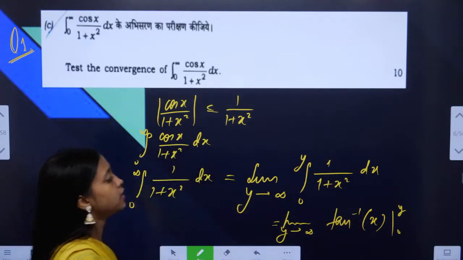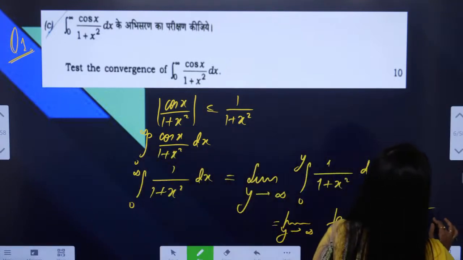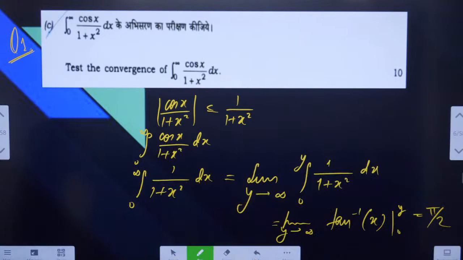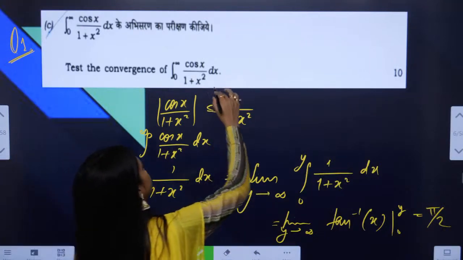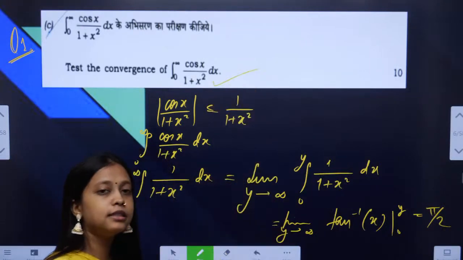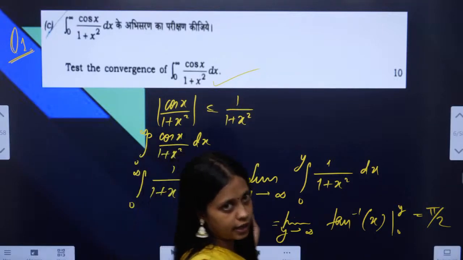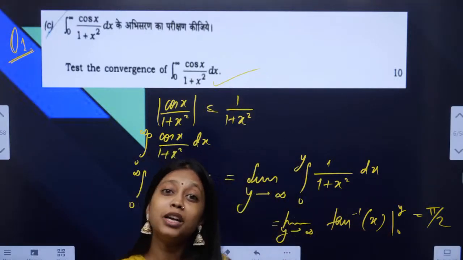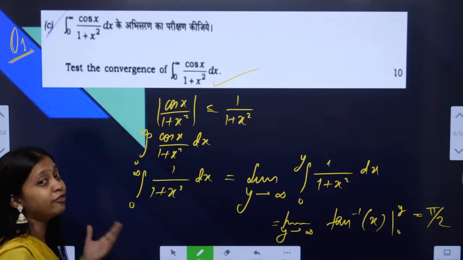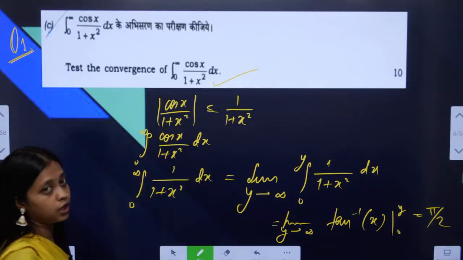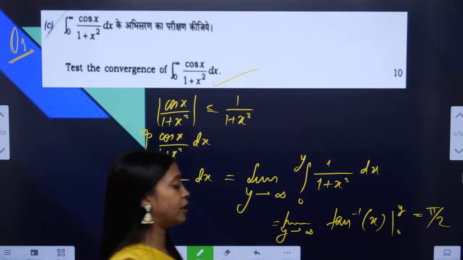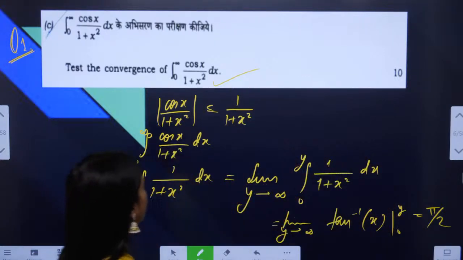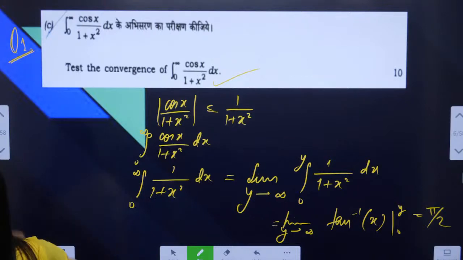So this is convergent. Now, if this is convergent, by comparison test, this is convergent. Yes, this question requires a test, limit comparison, as you can see. Over there there was no test required, but again it was not a very difficult question from the convergence part, right? Proper and improper integral, we have done this. So this was C part.